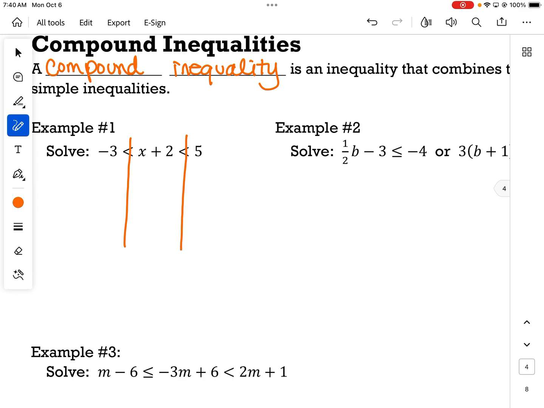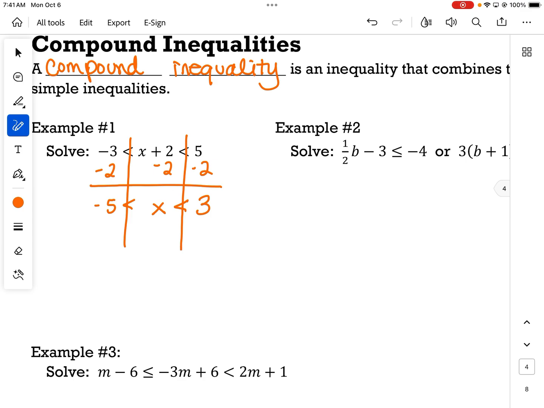But this, we're going to get x by itself in the middle and then two numbers on the other side. So if I have x plus 2 in the middle, I'm going to subtract 2 on both sides. So I get -5 is less than x is less than 5 minus 2, 3.